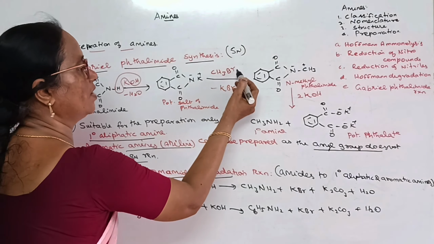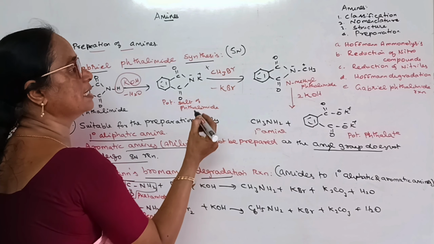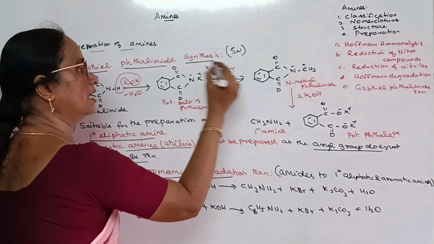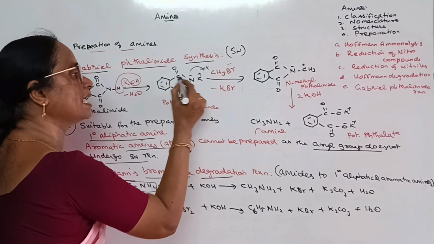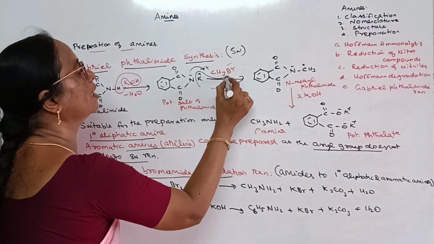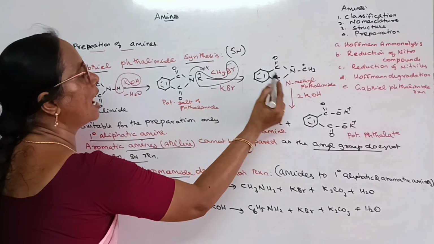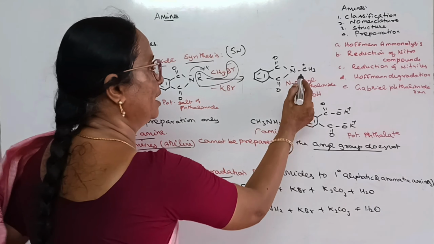When we add CH3Br, this CH3Br is an electrophile and the Br minus is the nucleophile. This electrophile can be attacked by the nitrogen atom as it carries the negative charge. So we are getting potassium bromide and N-methyl phthalimide.